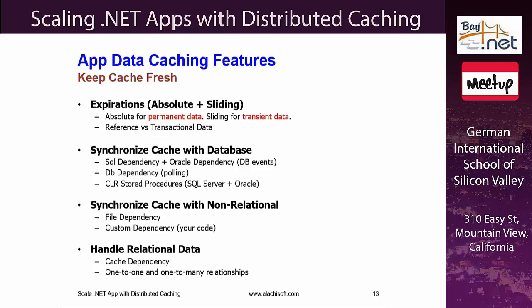It is not as real time because with polling, you have to specify a polling interval, which is probably at least 15 seconds or 30 seconds, because you don't want to go to the database every second, right? So for 15 seconds, the data might be stale. But that's the trade-off between SQL dependency being real time, or almost, much quicker than 15 seconds, and DB dependency being more efficient.